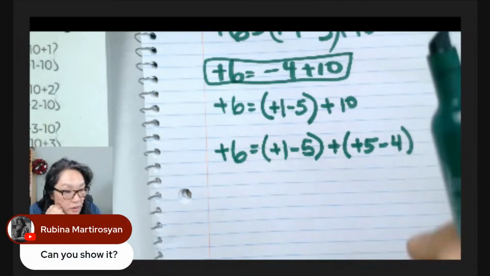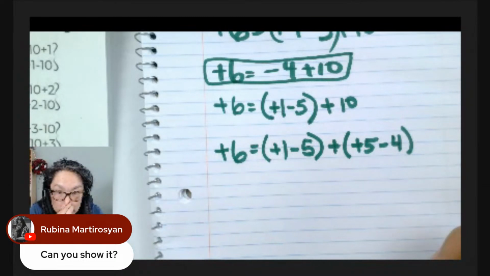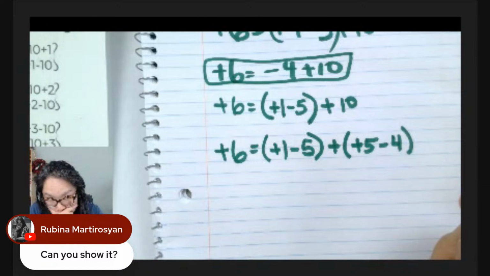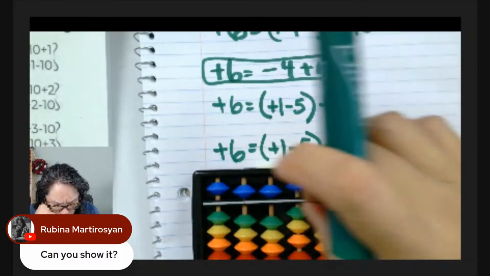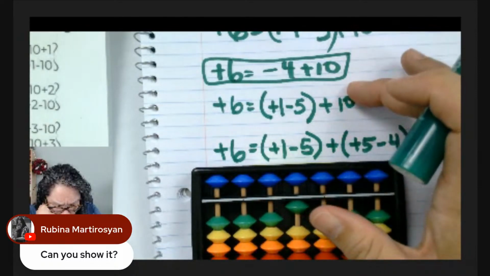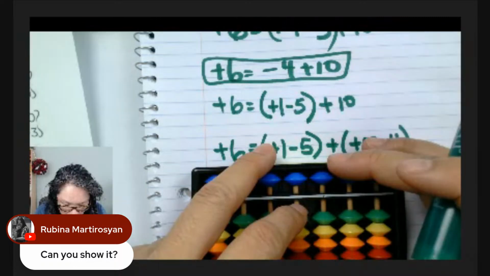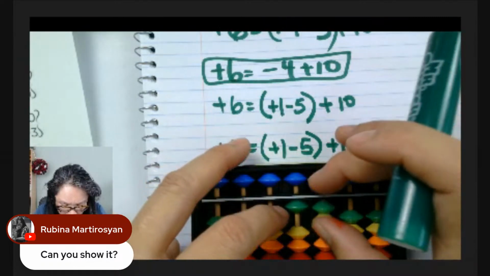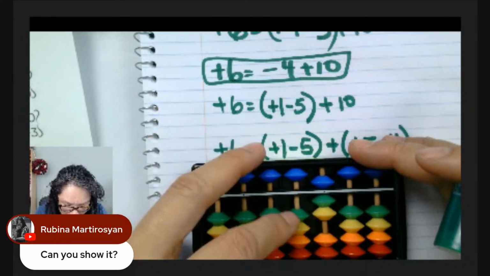So you show it? Can I show it? Plus the 6. So if I had 7, plus the, oh yeah, so it's 7 plus 6.